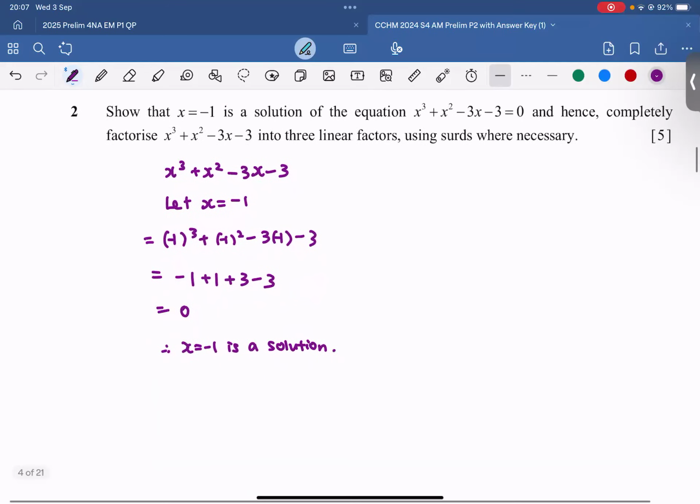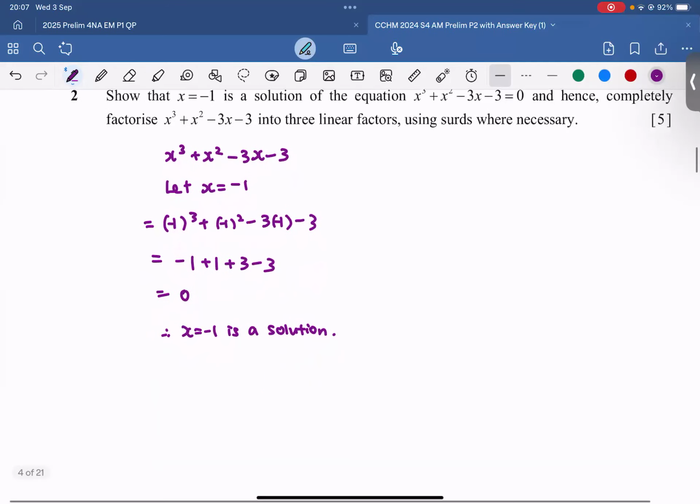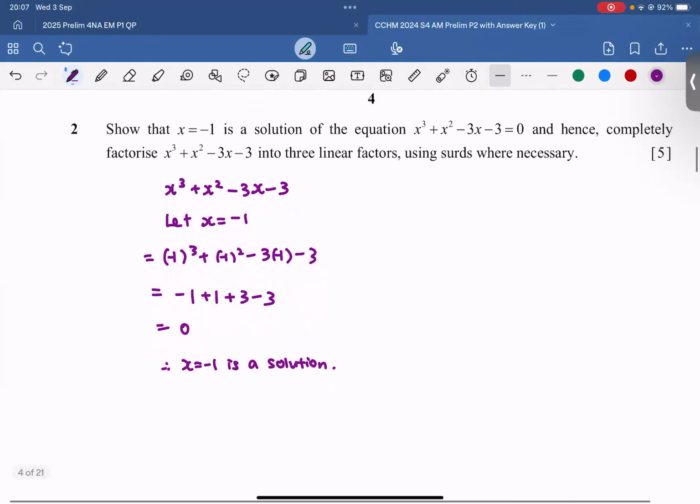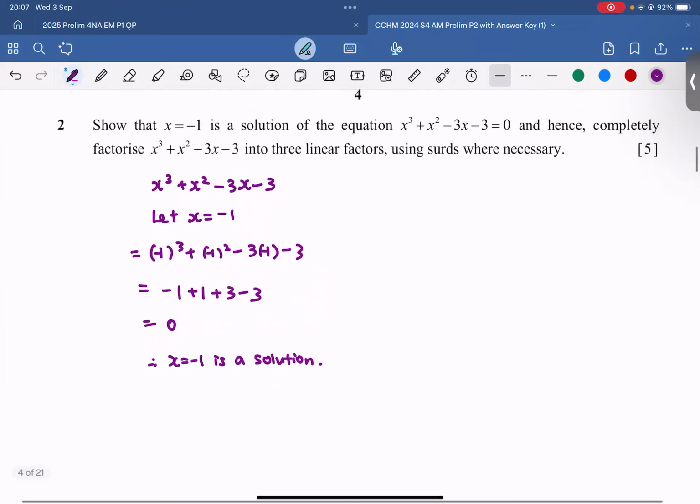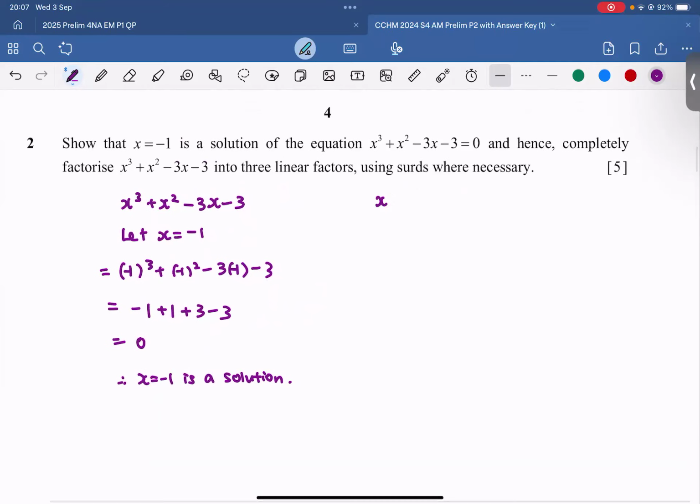Okay, hence completely factorize this. So there are two ways. One is to use long division. The other way is to use compare coefficient. I think the more general method is to actually do long division. So this is x plus 1.